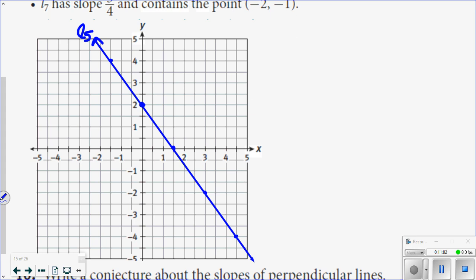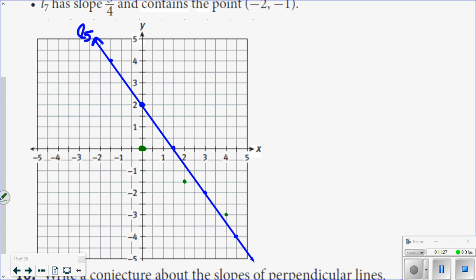Line 6 contains the point 0, 0, so at the origin. And it has a slope of -3/4. So down 1, 2, 3 over 1, 2, 3, 4. Keep going.